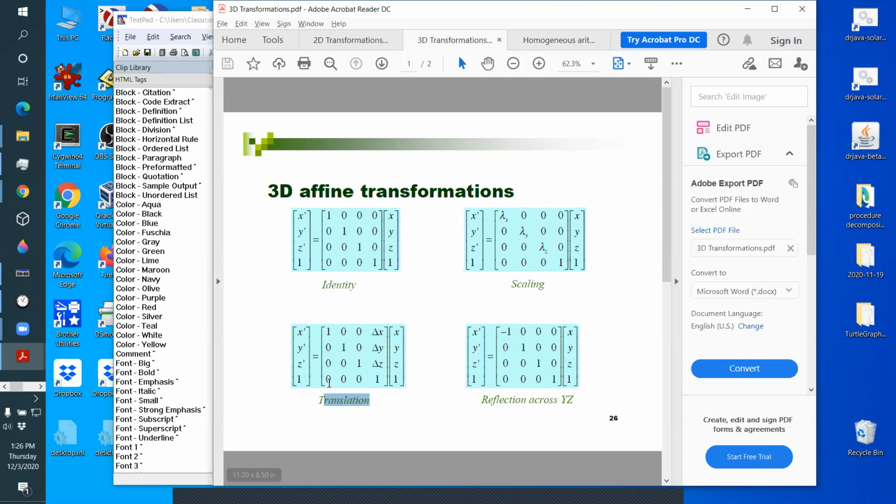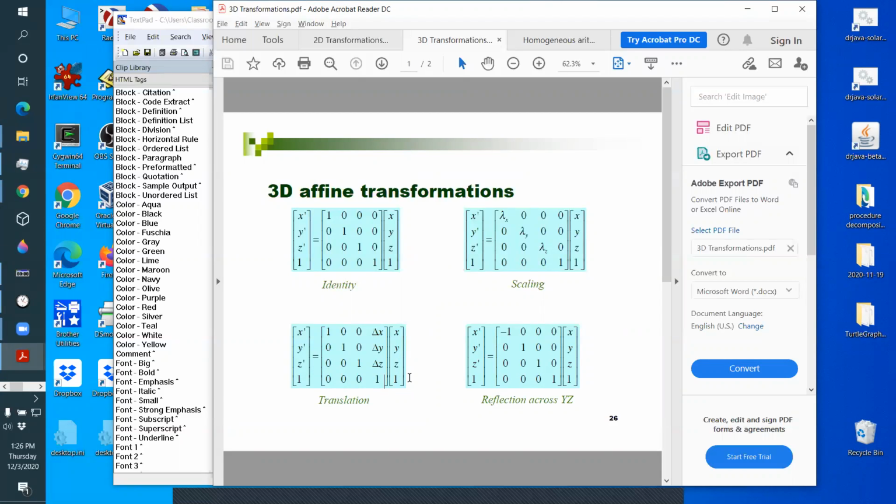What would you call that column? A vector? No, because look what's at the bottom of it. Oh, yeah, it's a vector because at the bottom is a 0. And this is a vector, and this is a vector, but this is a point. The last column is a point.